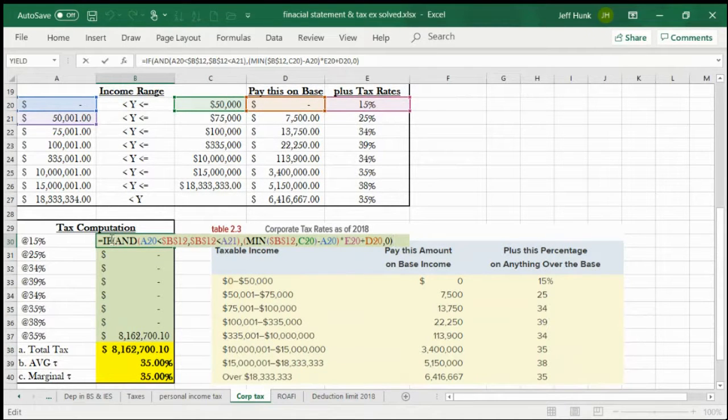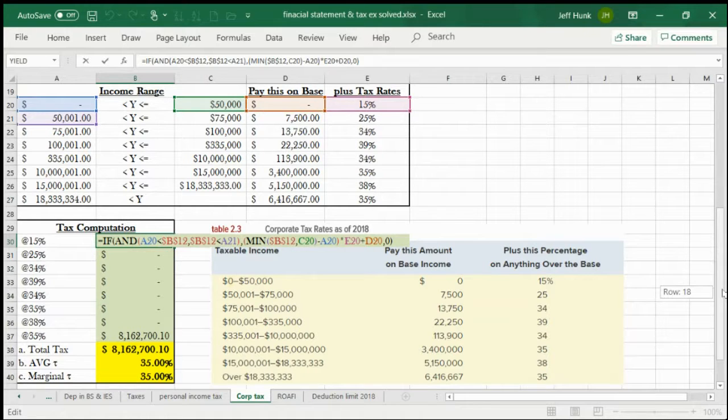In the IF command, inside the first parenthesis, you put AND, which means conjunction, so it should satisfy two conditions conjunctively. One is, first, B12, which is our taxable income.